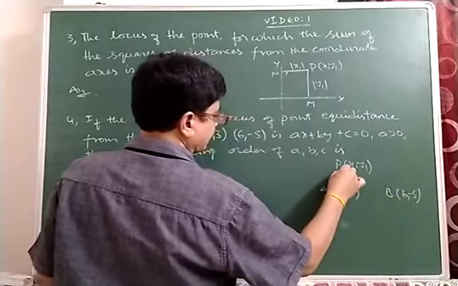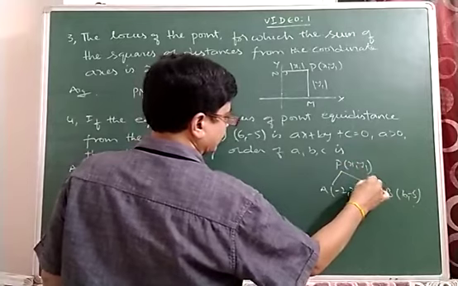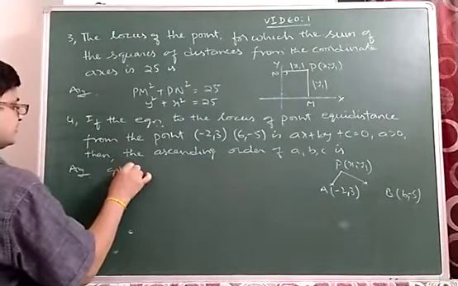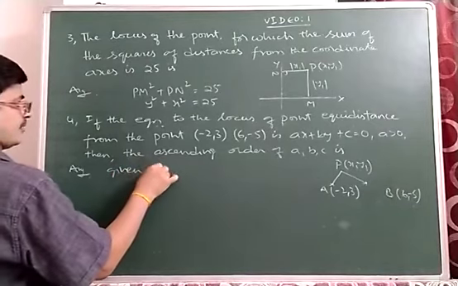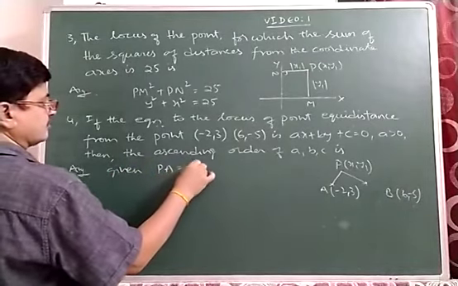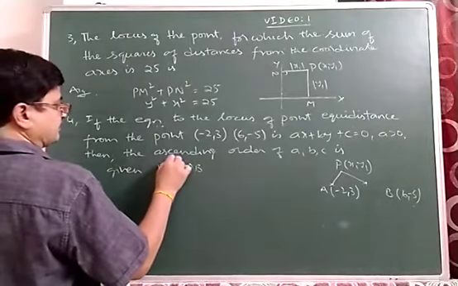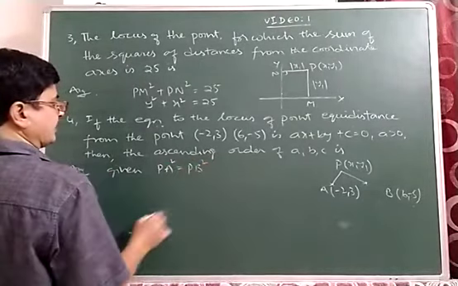Given the distance from P to A and P to B is always equal. That means given condition is PA is equal to PB. Then applying PA square is equal to PB square.